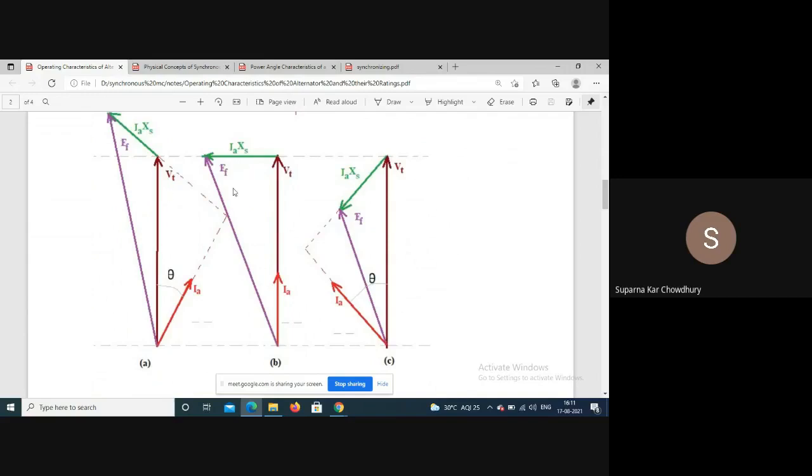The terminal voltage under loaded condition, full load condition, is constant. VT is constant. Now, if this machine is supplying a lagging power factor current IA, then the induced EMF EF is VT plus IA XS. So EF is greater than VT.